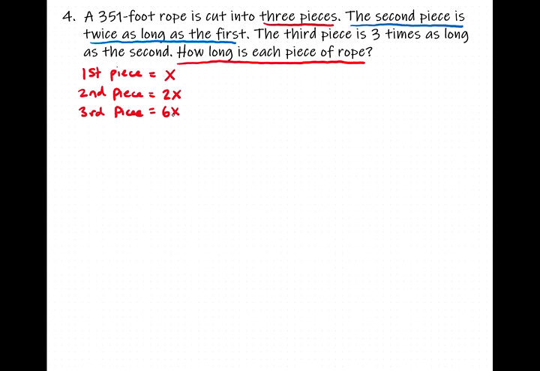Okay, so now we need an equation. And what do we know? We know that the entire piece of rope is 351 feet. And that is cut into 3 pieces. We could say the first piece, the second piece, and the third piece.